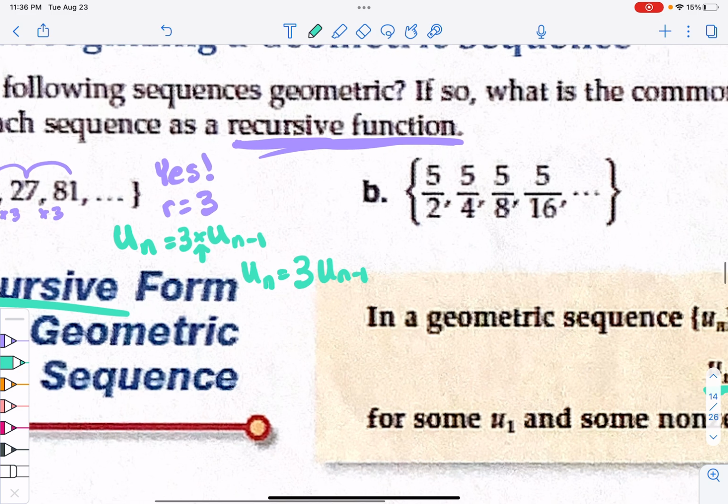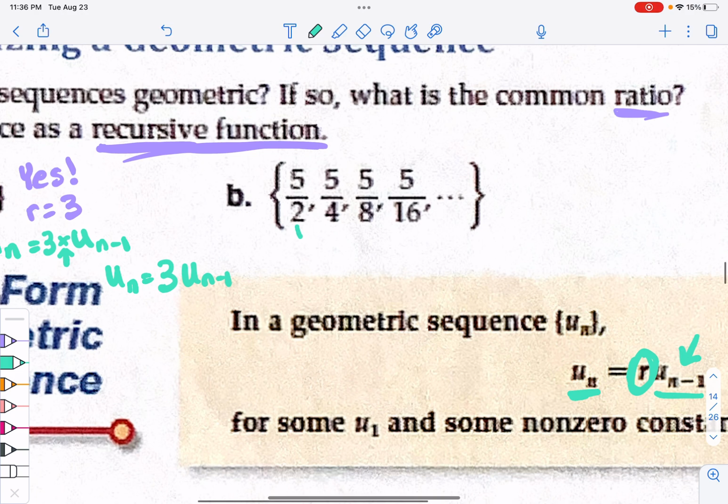Okay, in B, we're going from 5/2 to 5/4 to 5/8 to 5/16. And notice that this bottom number is being multiplied by 2, but really what's happening is that the whole thing, like the first number, is getting multiplied by 1/2. 5/2 times 1/2 will give me 5/4. If I take that times 1/2, that will be 5/8.